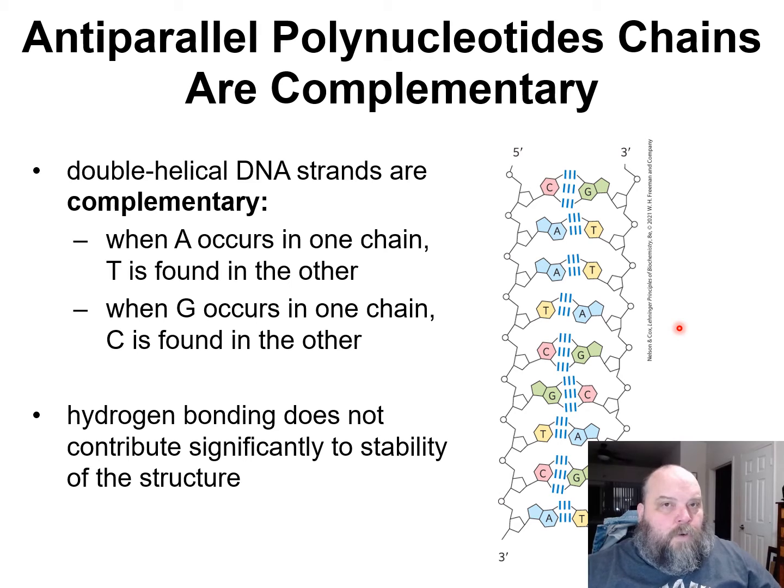What's very important also is that by going by Watson and Crick's model, as we see here, we meet Chargaff's rule. A pairs with T, C pairs with G, 3 hydrogen bonds, 2 hydrogen bonds, but they're complementary. Okay, we call this complementarity.